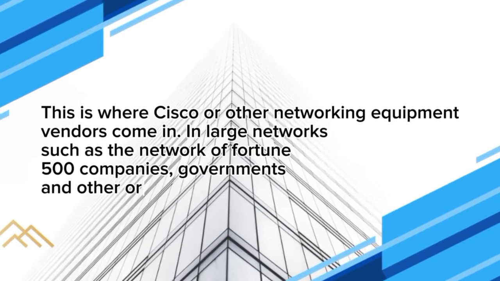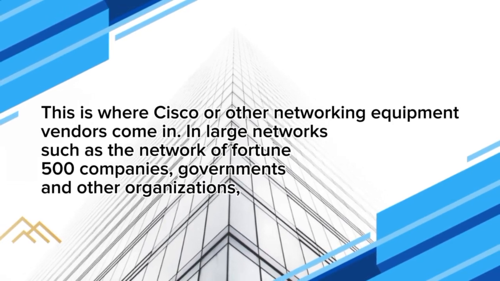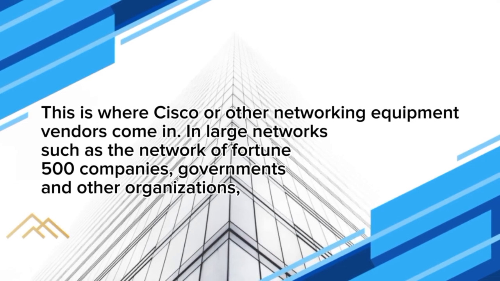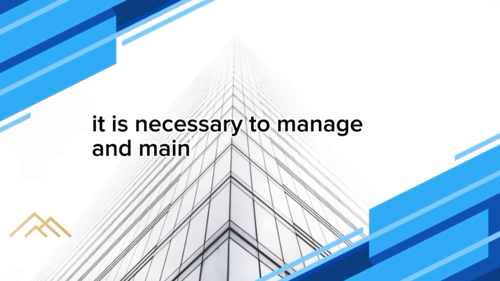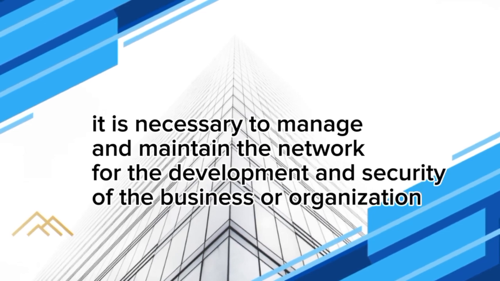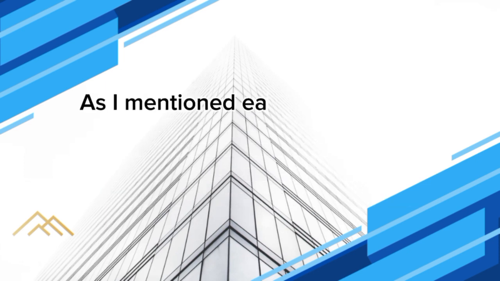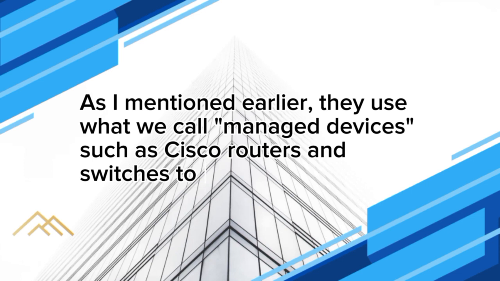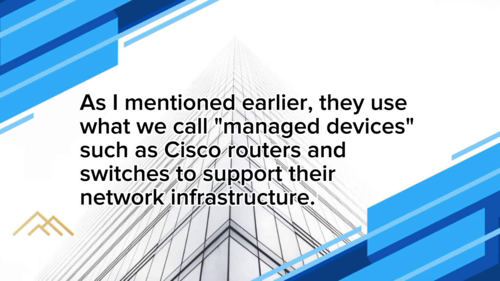In large networks such as the networks of Fortune 500 companies, governments, and other organizations, it is necessary to manage and maintain the network for the development and security of the business or organization. As I mentioned earlier, they use what we call managed devices such as Cisco routers and switches to support their network infrastructure.